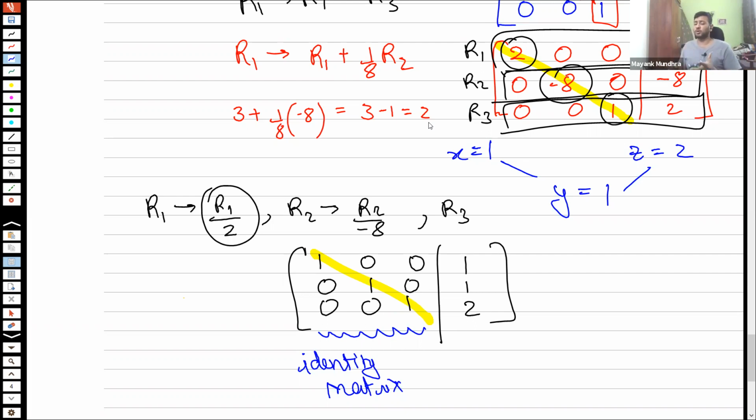When you have done enough row operations to reach the identity matrix on the left hand side, you directly get the result on the right hand side: x, y, z, 1, 1, 2. So this is how you can solve this particular thing.